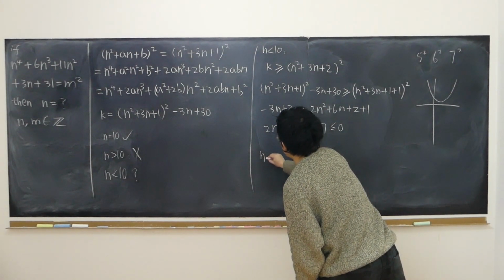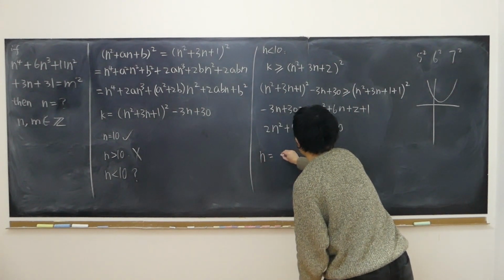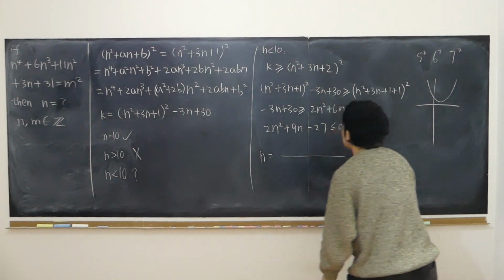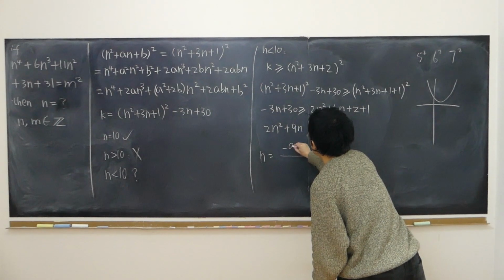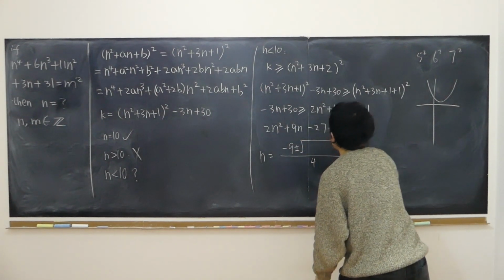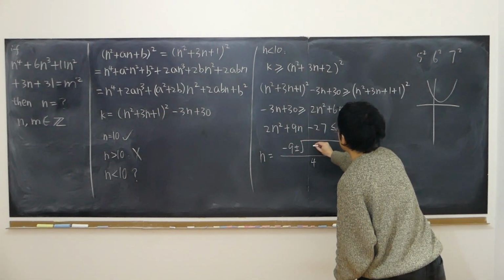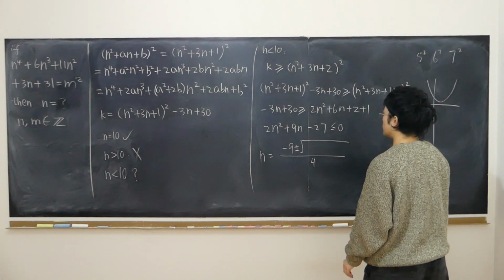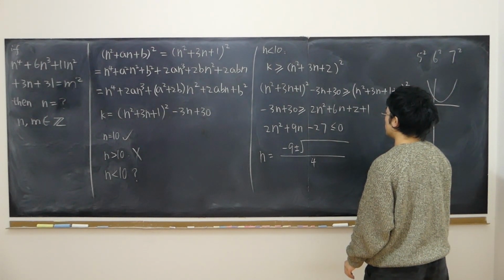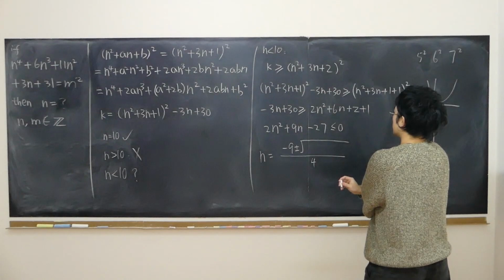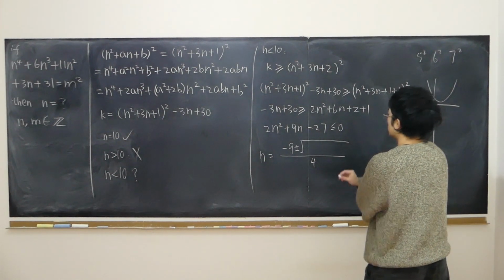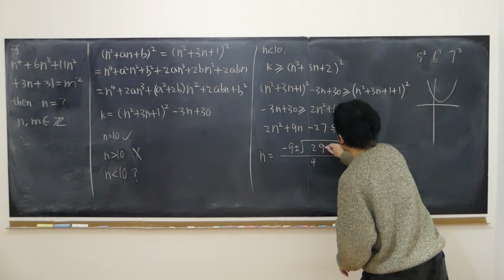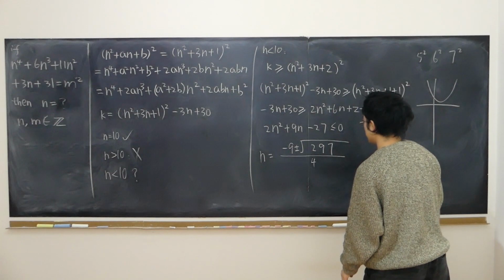So n is equal to, 81 plus or minus 8 times 27, 8 times 27 is 297.